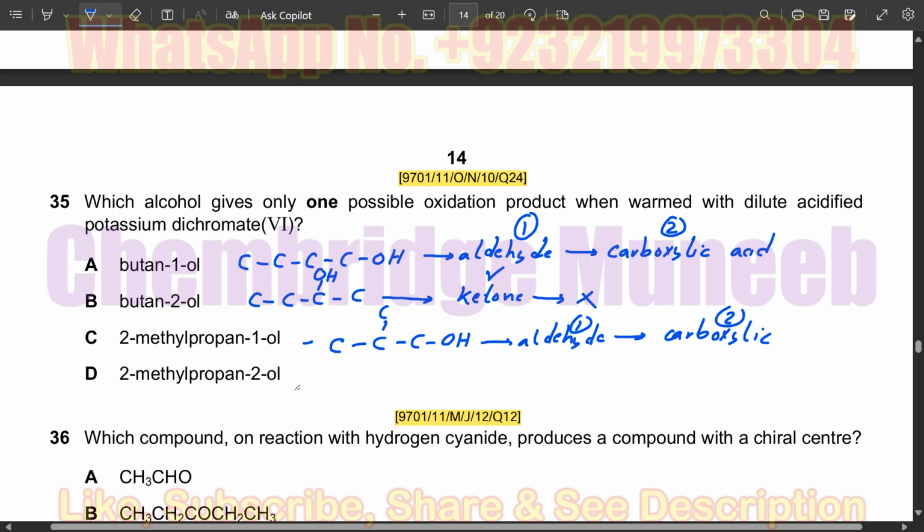And 2-methylpropan-2-ol, see, it has written like this. We have carbon atoms like this, OH. Now this is a tertiary alcohol. So this tertiary alcohol cannot oxidize with the dilute. So no product will be formed. So the only option with only one product formed is ketone in option B. B is the right answer.